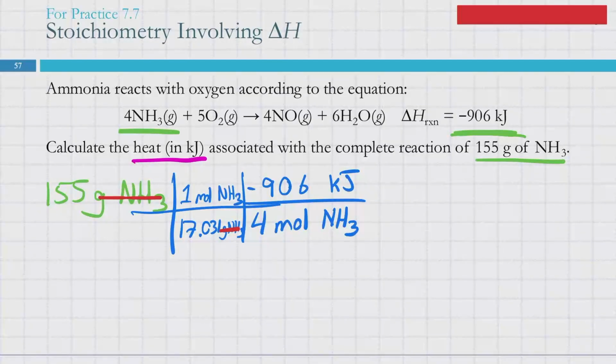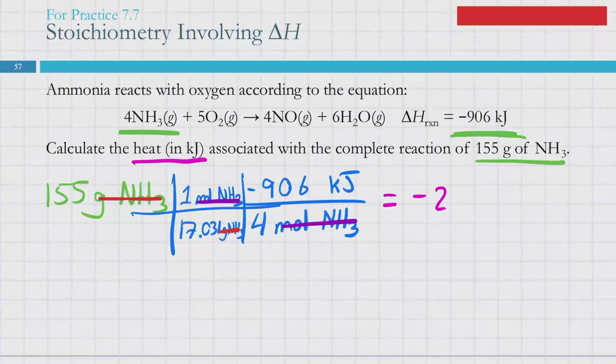Grams of ammonia cancel. The moles of ammonia cancel. And we should get out negative 2061.38 and some other stuff, kilojoules. We'll round it for 3 significant figures.